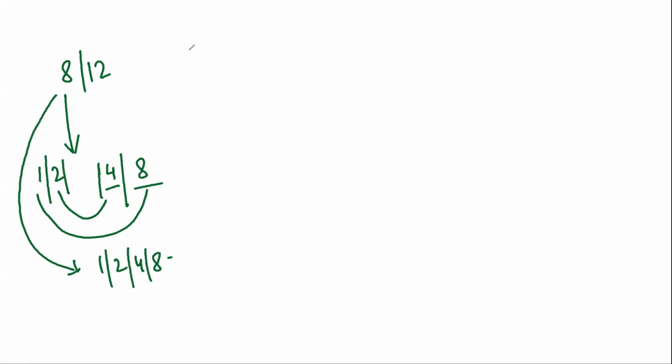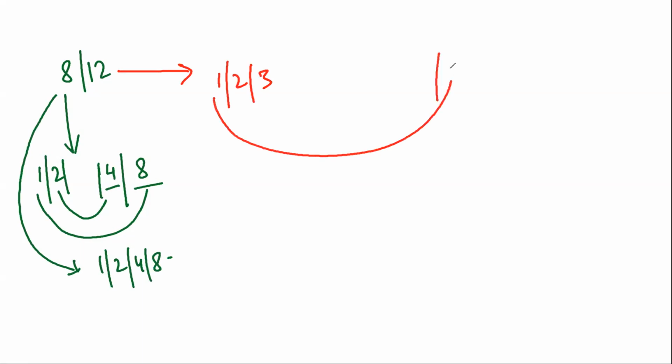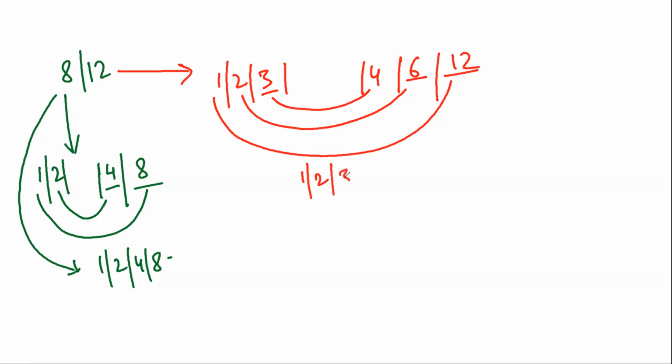And let us find the factors of 12. 1, 2, 3. From 1, what is the pair for 12? 12. By 2, 6. For 3, what is the pair for 3? 4. Is there any other factor? No, sir. So the factors are 1, 2, 3, 4, 6, 12.